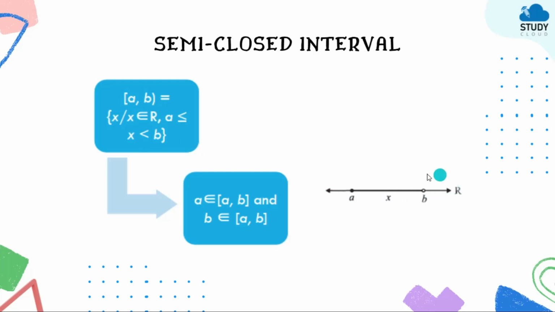If you see this part, here there is A, X, B. Now when you talk about this interval, you will take A into account and X also, but you have to ignore B here. So such a type of interval will include A and X, but it will exclude B.